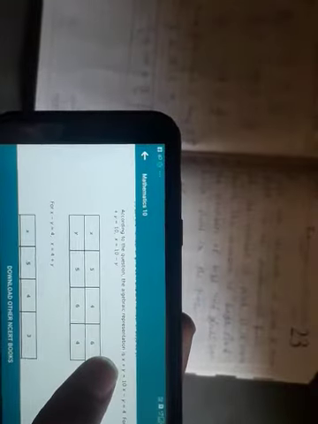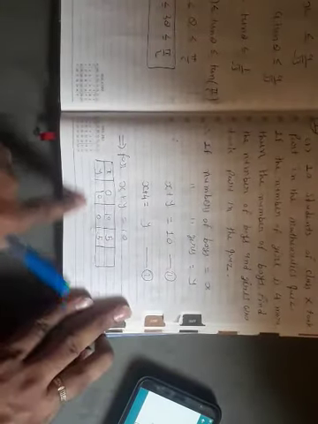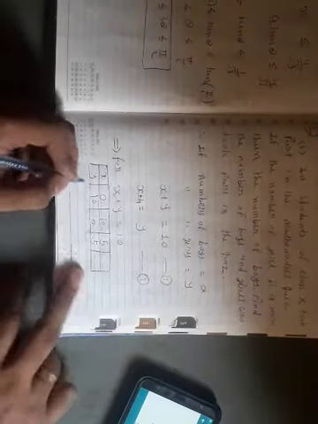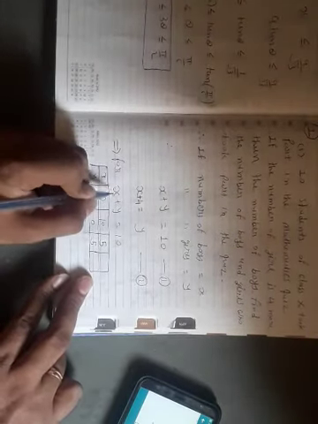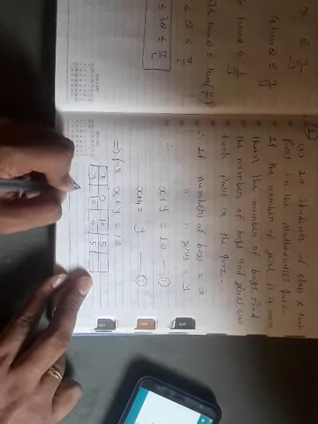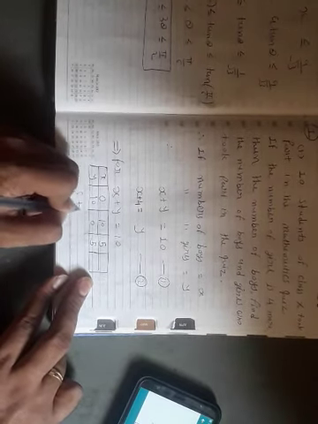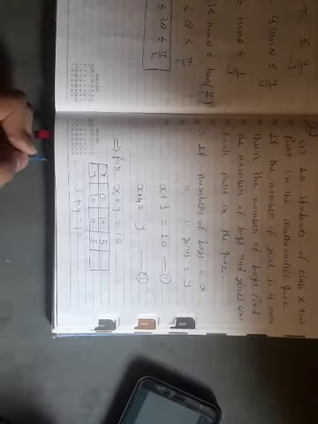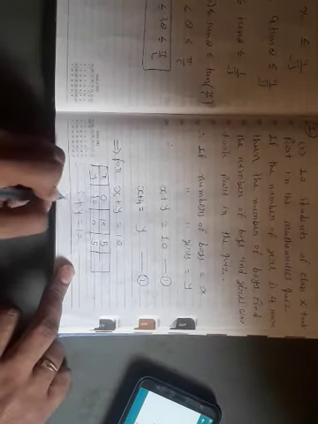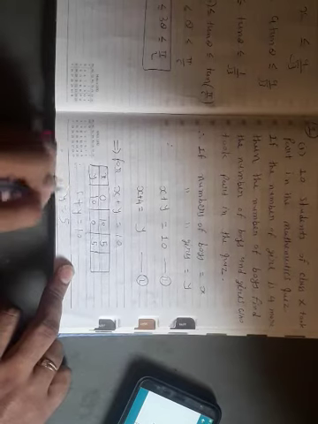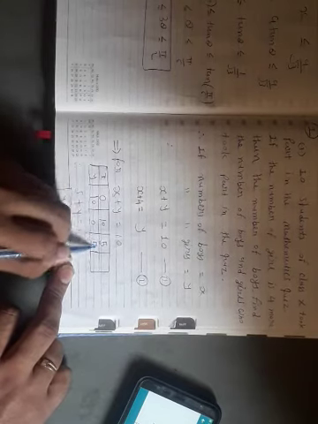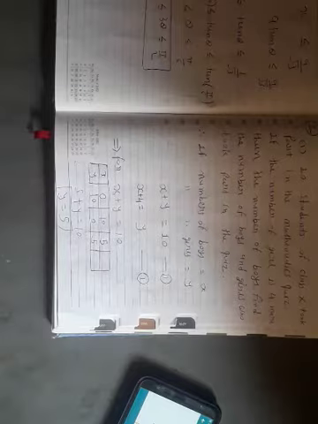Put x equal to 5 in x plus y equal to 10, so the equation becomes 5 plus y equal to 10. Now take 5 to the right side, so 10 minus 5 becomes 5. So if x is 5, y is 5. That is how points are made.